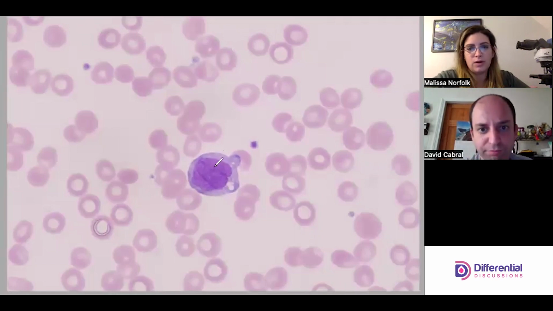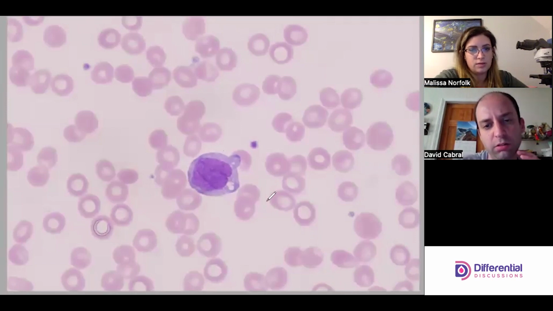But I don't know if it's quite as prominent as I want it to be. Yep. So we have some nucleoli. So again, could this be a promono or came out of promono recently? It's plausible. I think it's more of a mono though.